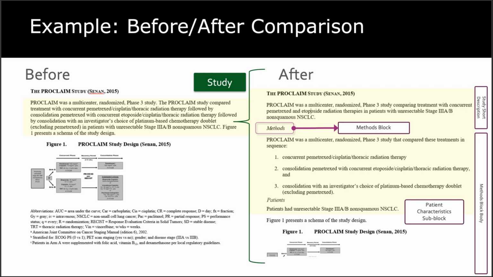So we went from a very long and actually quite hard to read, even if you're a specialist, very long and hard to read paragraph. And we broke that down, and on the right, we said that the proclaimed study was a multi-center randomized phase 3 study comparing treatment with the concurrent use of one drug and another drug in patients with a certain type of cancer.